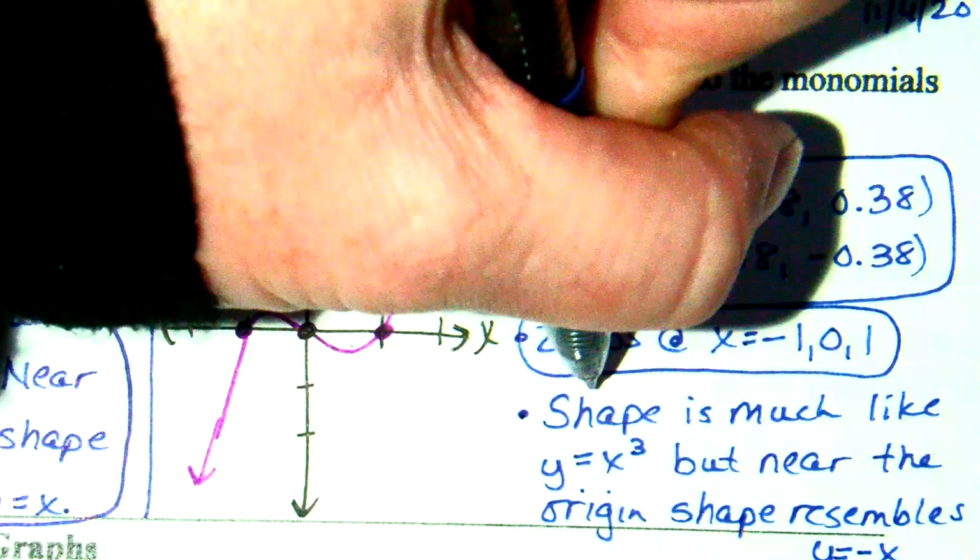And that's what I'm getting ready to write down right here. Shape is much like y equals x to the 3rd, but near the origin, shape resembles y equals negative x.